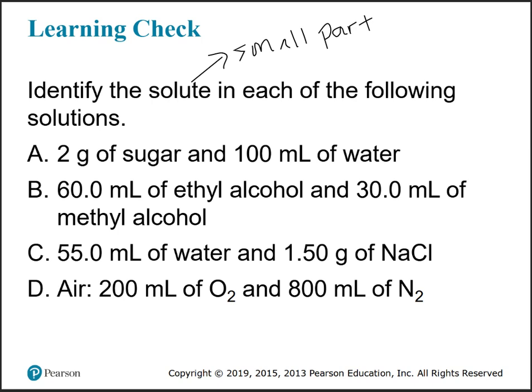Let's try D. 60 milliliters of ethyl alcohol and 30 milliliters of methyl alcohol. Which one is the solute, the small part?